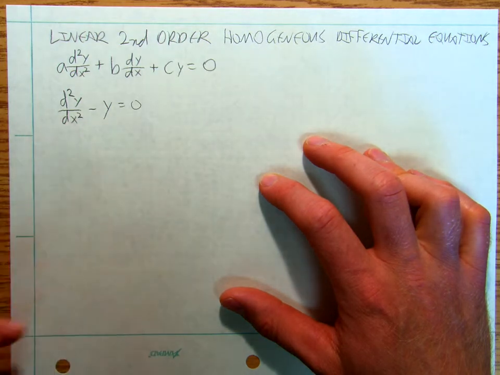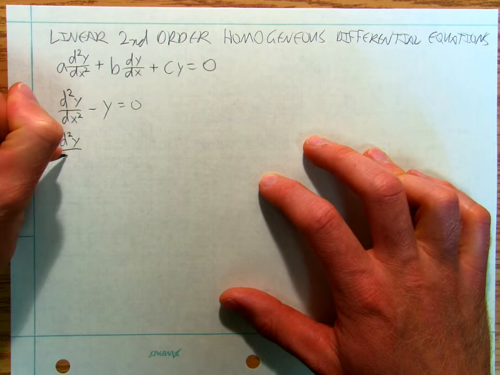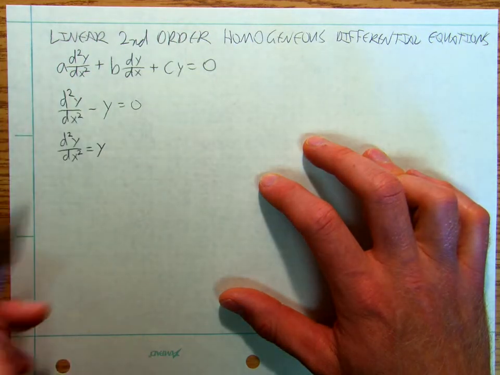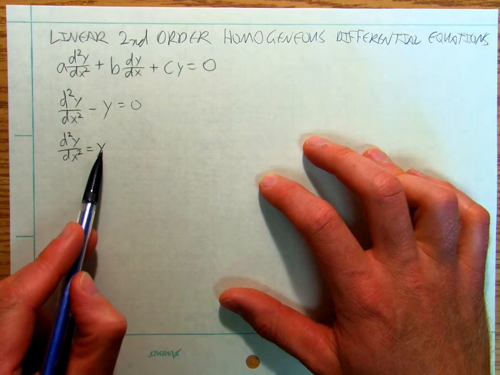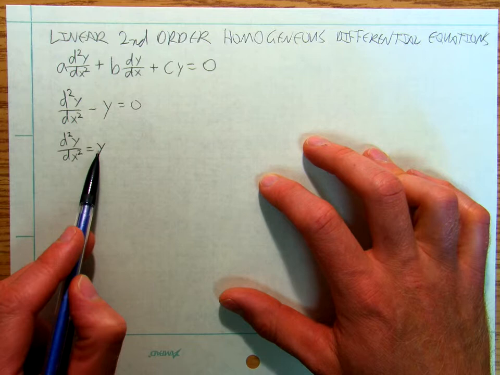So hit pause and think about it. I'm going to rewrite this as y double prime equals y, and just like a previous video, we've got a function whose second derivative is equal to that function.